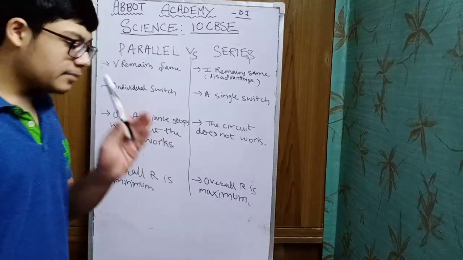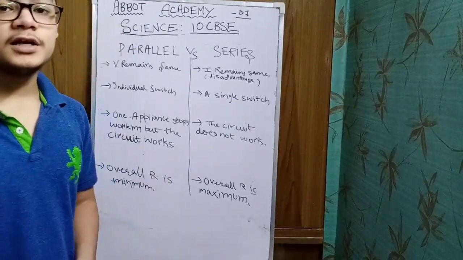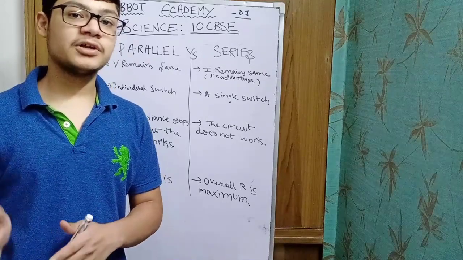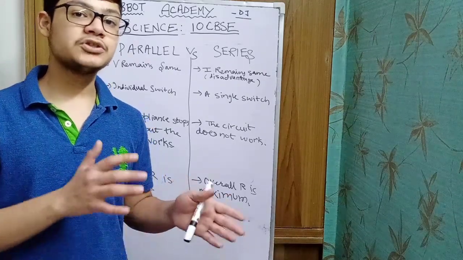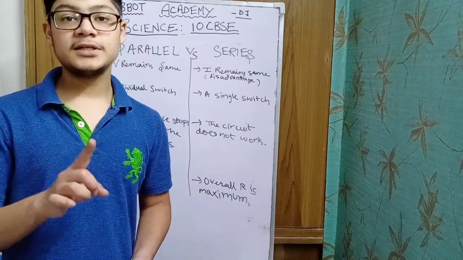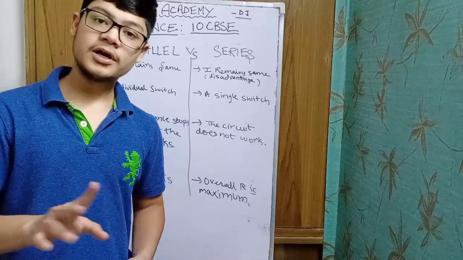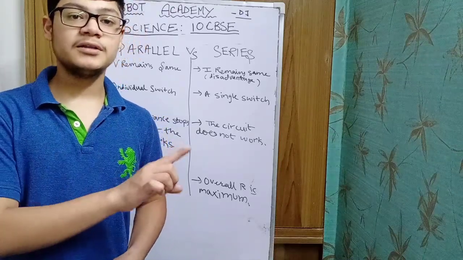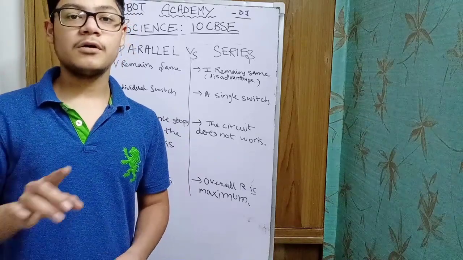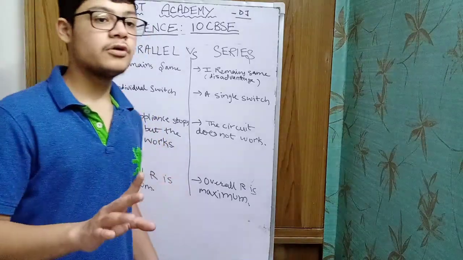And the most important point of parallel arrangement is that if one appliance stops working due to some technical reasons, it doesn't affect the other appliances. It doesn't affect the whole circuit. Every other appliance other than the one which stopped working will work, and the circuit will not be broken.